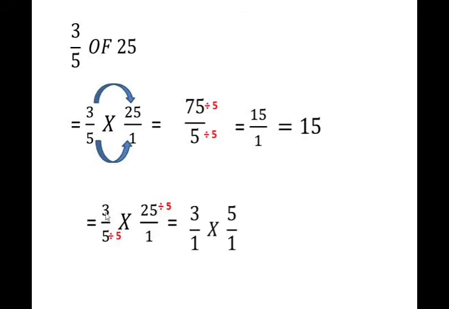So I will now have 3 over 1 as a fraction multiplied by 5 over 1 as the second fraction. And now if I multiply 3 times 5, I will get 15, and 1 times 1 is 1. And my answer is 15, the same as the first answer.